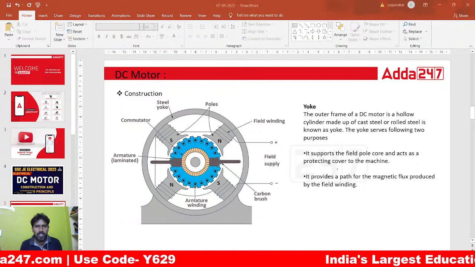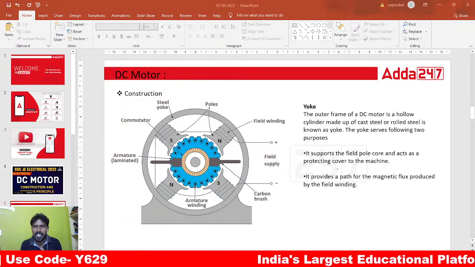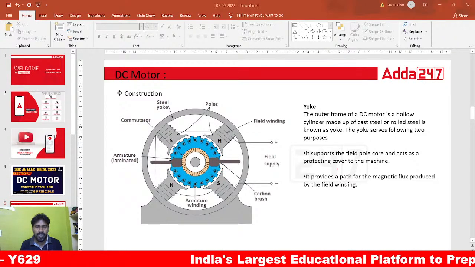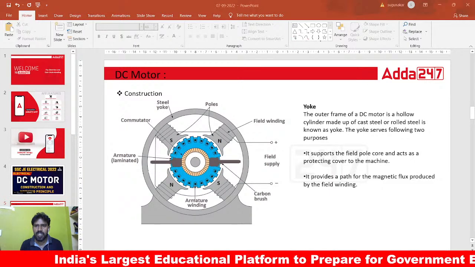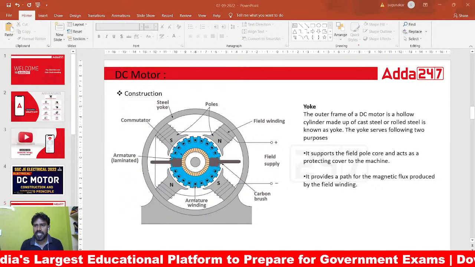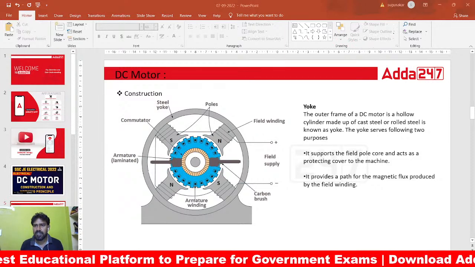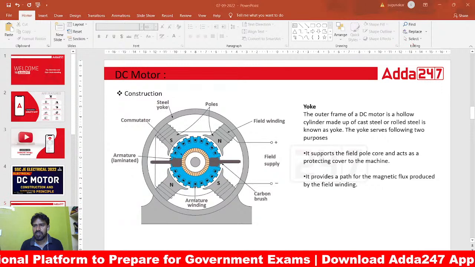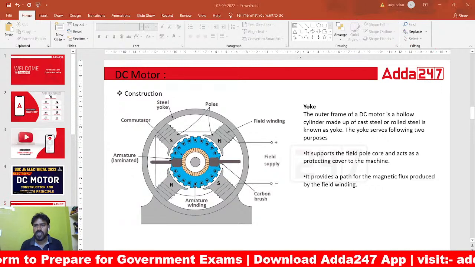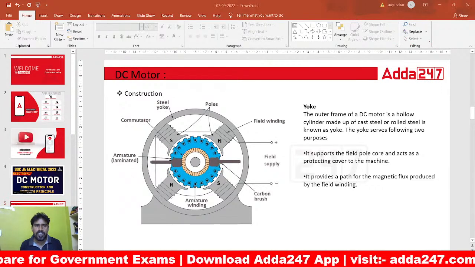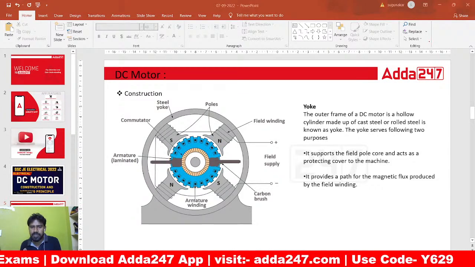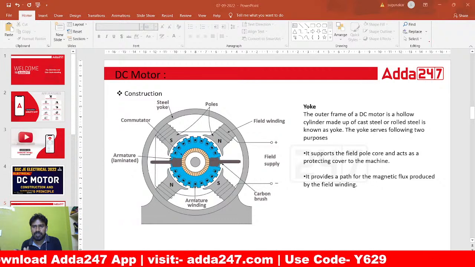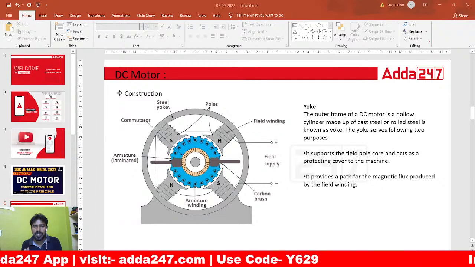See here. A DC motor converts electrical energy to mechanical energy. You can remember this: it converts electrical to mechanical.